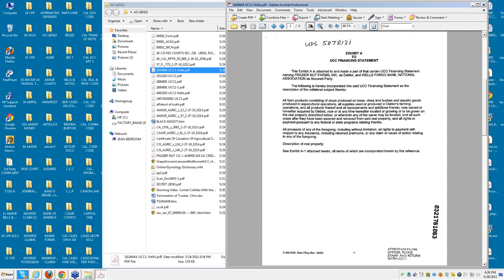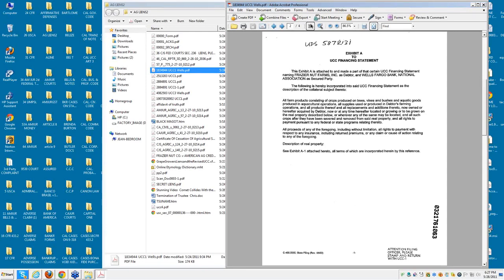Well, you notice on this attachment to this UCC1 that they have a description of real property. You want to put your land description, and preferably the metes and bounds description, on here. The reason being, metes and bounds is a land description, not a property description.